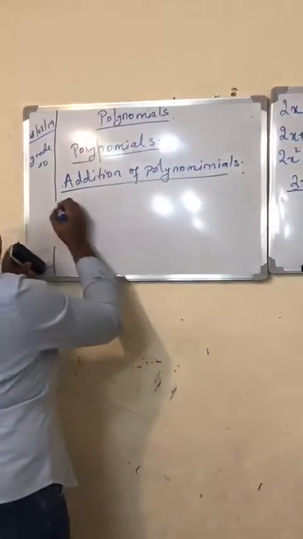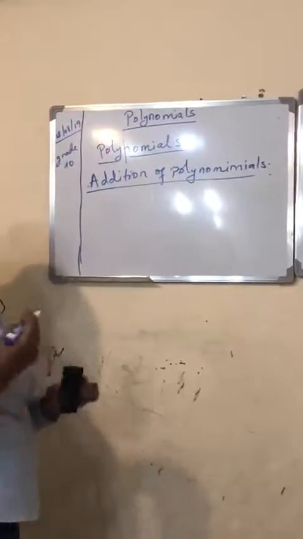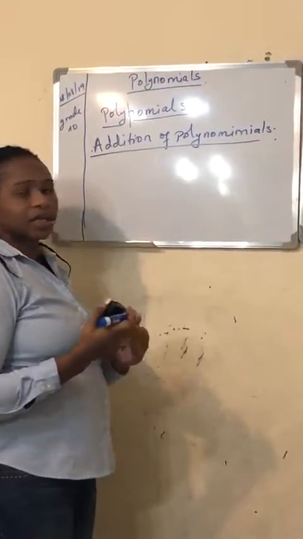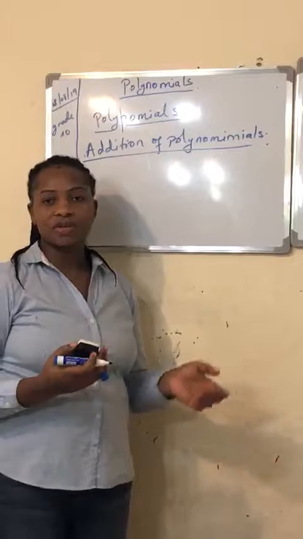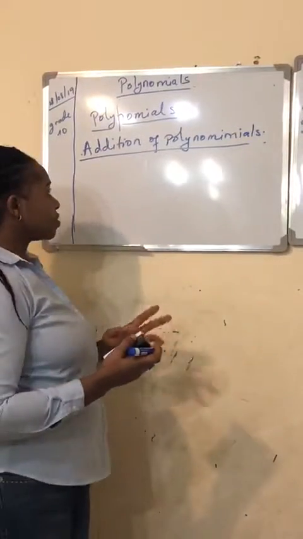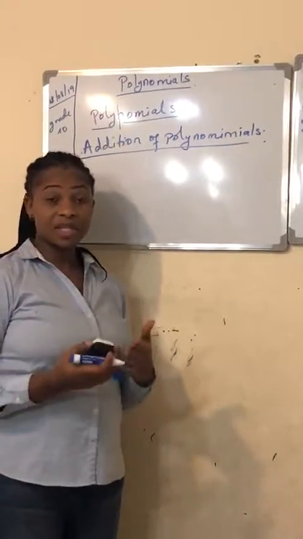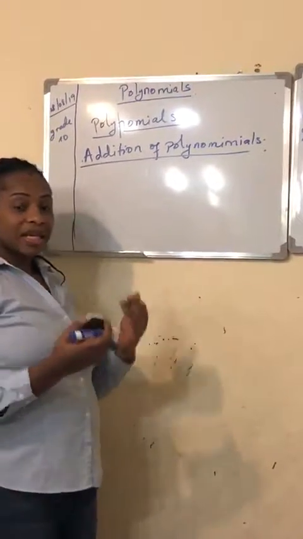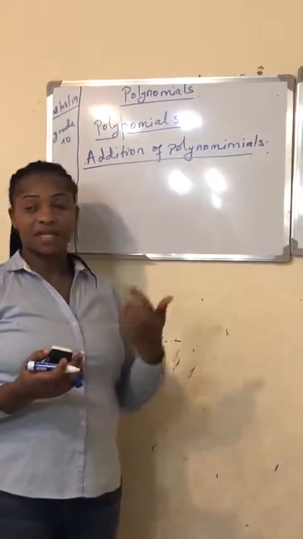Polynomials can be added. Just like in grade 8, we talked about like terms and unlike terms. Two polynomials can be added if they are of the same degree, and likewise they can be subtracted if they are of the same degree.